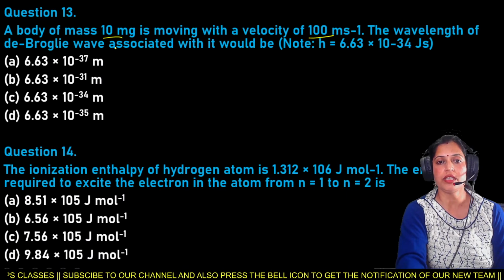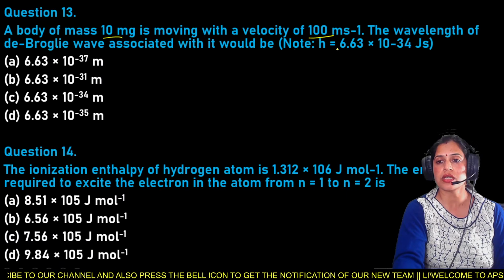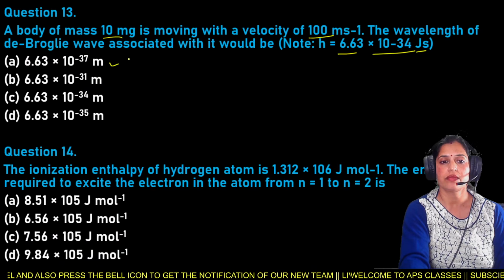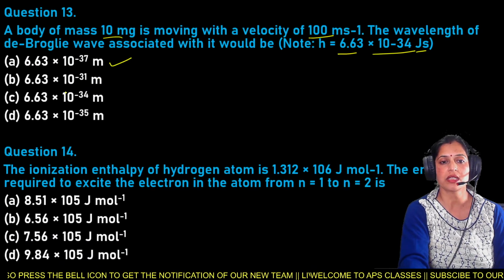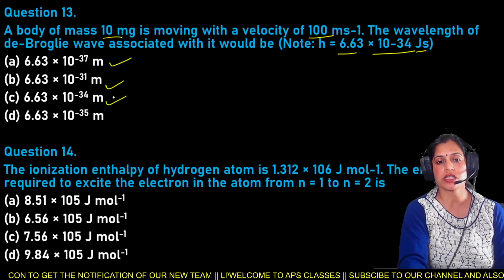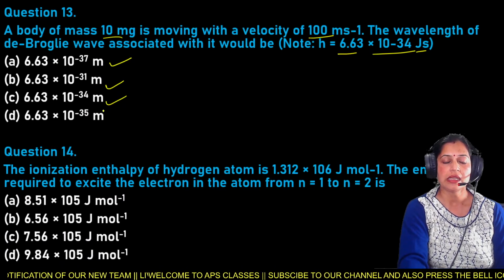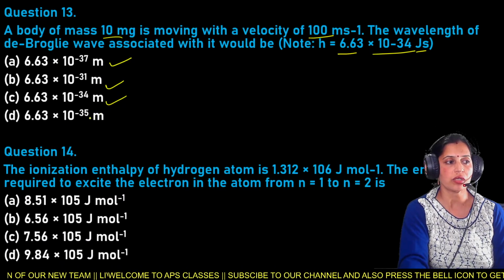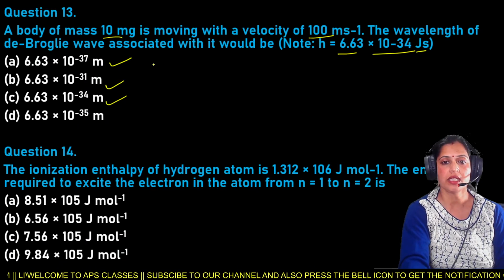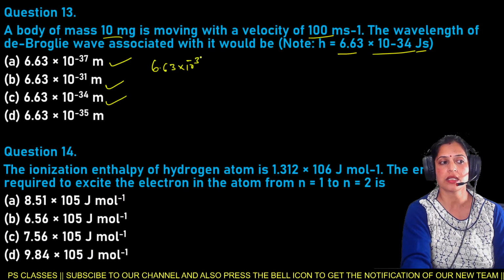The wavelength of the de Broglie wave associated with it would be, with h, Planck's constant, 6.63 into 10 raised to power minus 34 joule second. Options: A, 6.63 into 10 raised to power minus 37; B, 6.63 into 10 raised to power minus 31; C, 6.63 into 10 raised to power minus 34; D, 6.63 into 10 raised to power minus 35 meter. So the answer is 6.63 into 10 raised to power minus 31 meter.